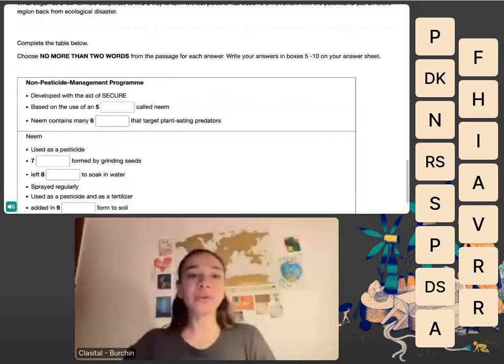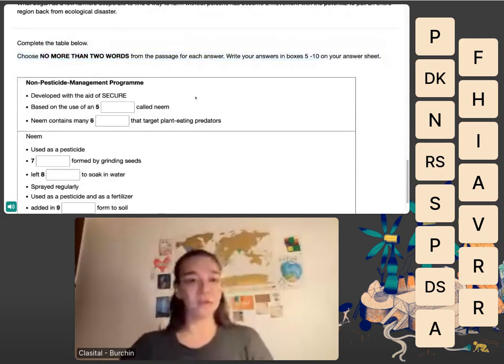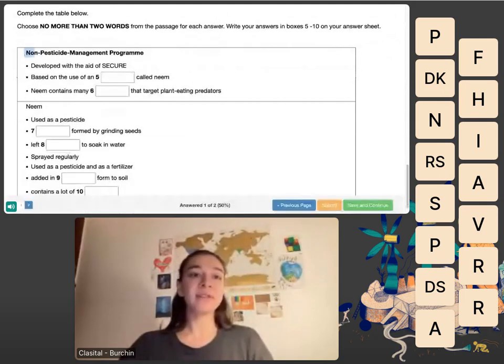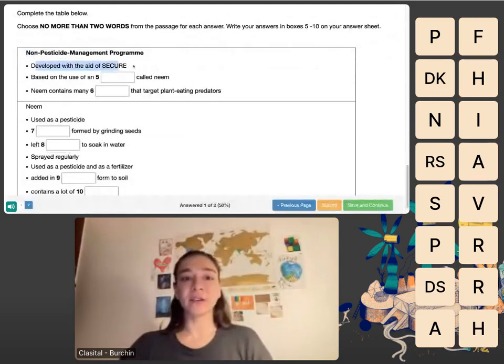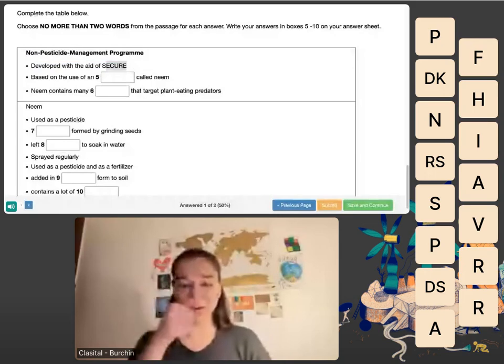Complete the table below. Choose no more than 2 words from the passage for each answer. Write your answer in the boxes 5 to 10 on your answer sheet. We don't have an answer sheet, we will write it here. Non-pesticide management program developed with an aid of secure. It looks, yes, to kill the pests and insects. Very good.